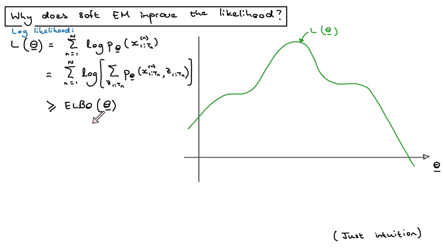Now, the point is that the ELBO is something that we can maximize in terms of theta. But that doesn't actually help us that much, because let's say this is the log likelihood. This is the function that we're trying to maximize, but we're struggling to do it because of this sum here. Now, just optimizing a lower bound doesn't help us.